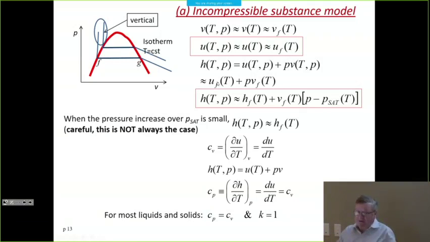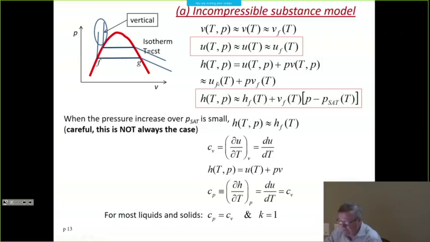Now, the enthalpy is a little different, because the enthalpy is specifically a function of the internal energy and the pressure times the volume. So you could, at first sight, say, well, this is the internal energy on the saturation curve at the temperature at which you are, and the specific volume, but you keep a pressure dependence here. That's fine.